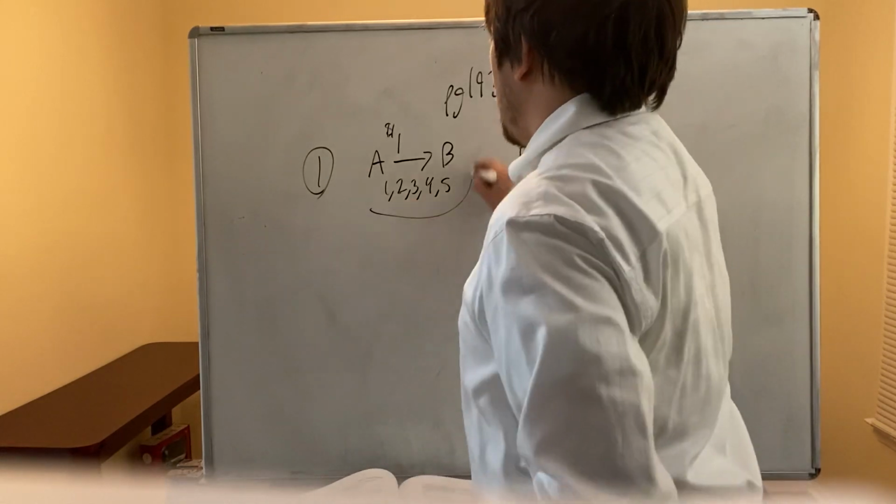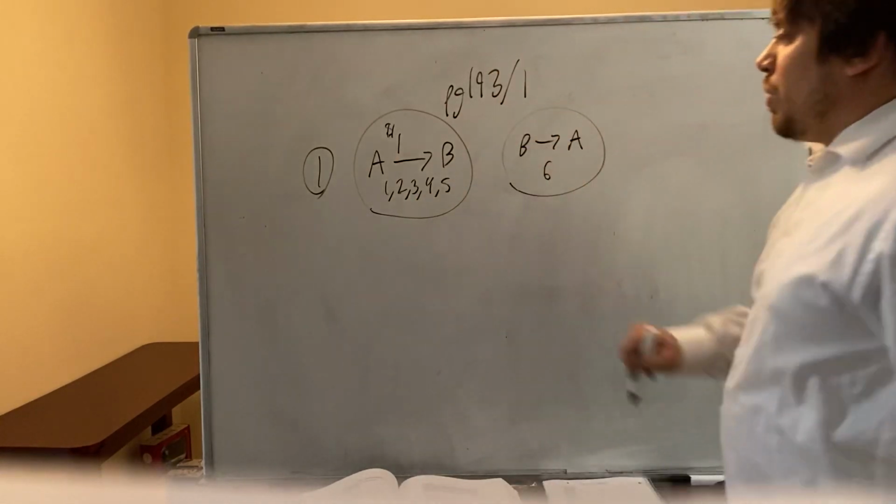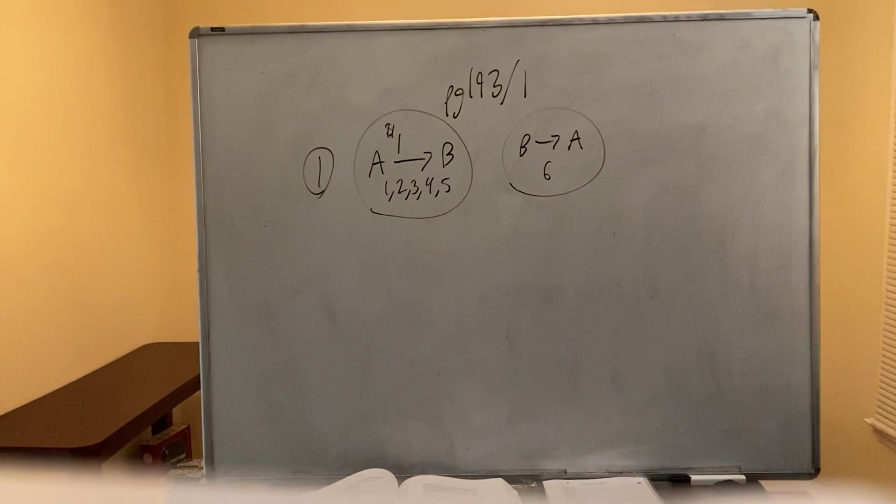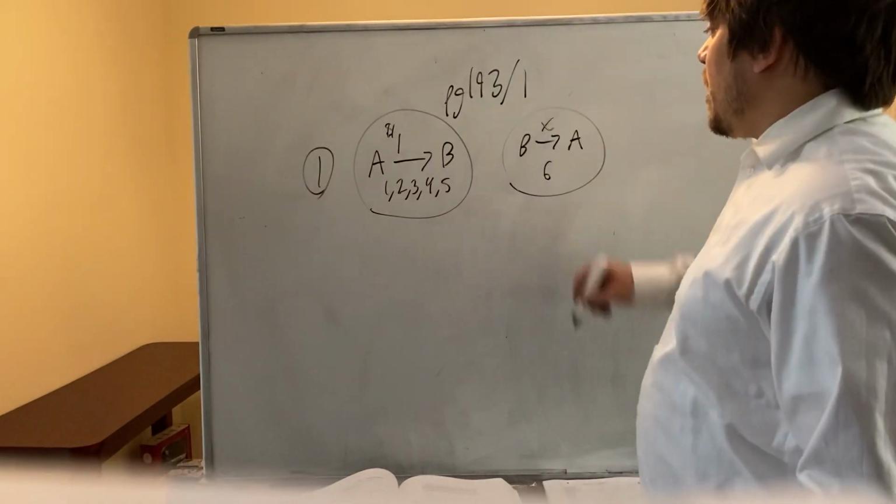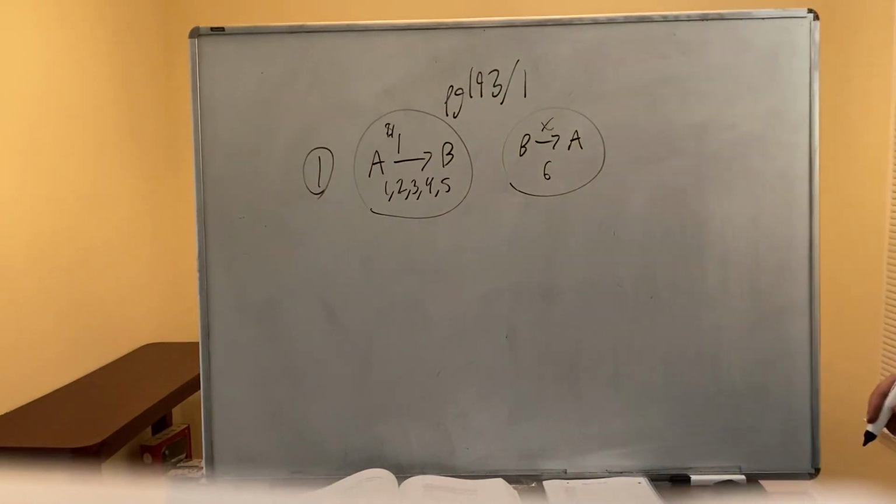So this is what happens for 1 through 5, and that's what happens for 6, and we have an unknown amount, X dollars, that B gives to A in that situation.